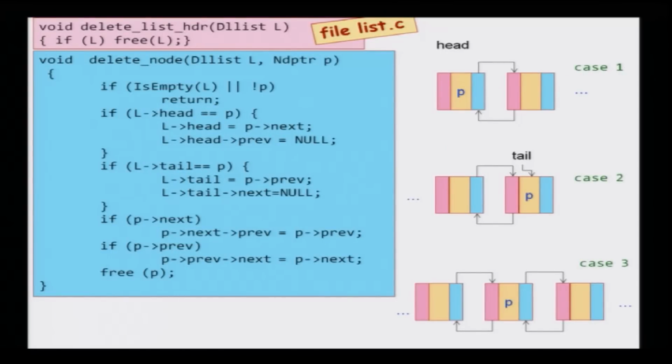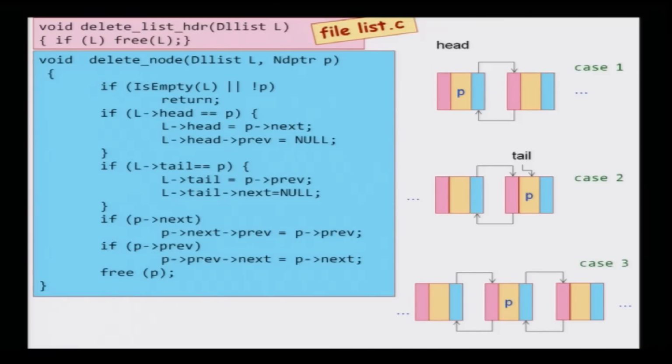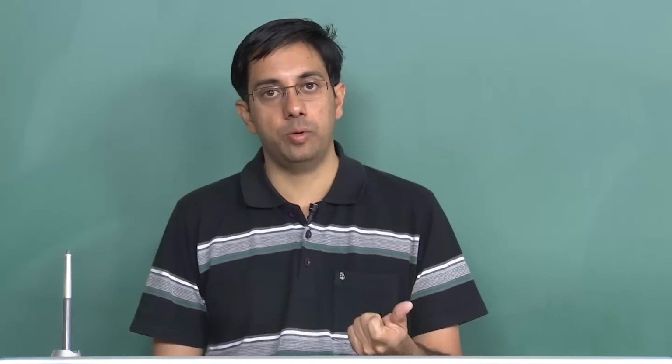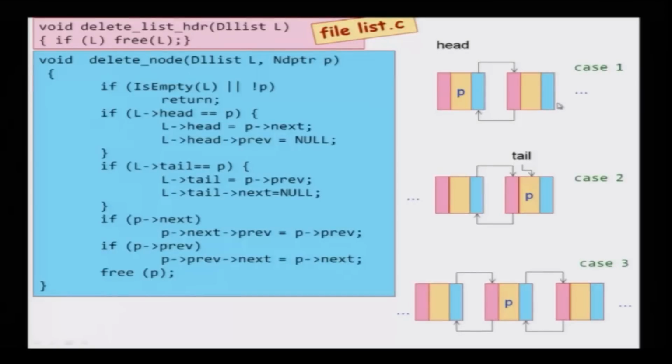Okay. So, now let us see how to delete a particular node in a list. If you have to delete the header of the list, then if there is a list, you just delete the header and you free the entire list. Okay. Now, if you have to delete a particular node in the middle of a list, what do you do? Let us look at the various cases.